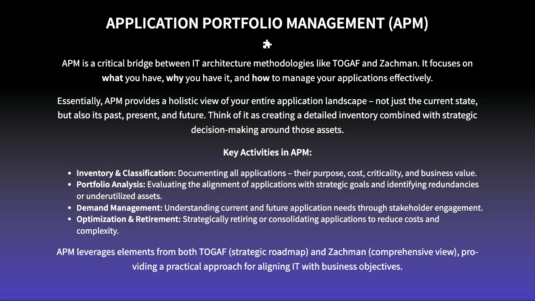It's about figuring out if they are still serving their purpose and aligning with the company's goals. We look at things like classifying applications based on their value and cost, then analyze the portfolio to spot opportunities for streamlining or even retiring older systems. Basically, APM brings TOGAF and Zachman together into a really useful strategy for managing your IT assets.